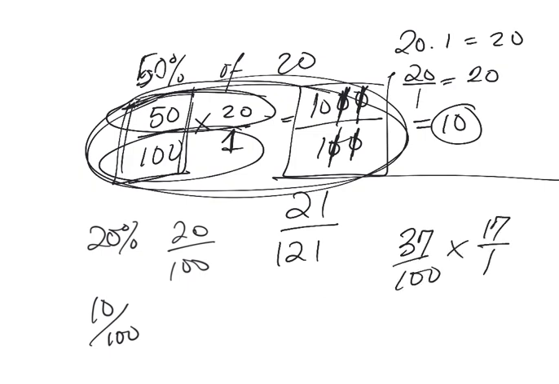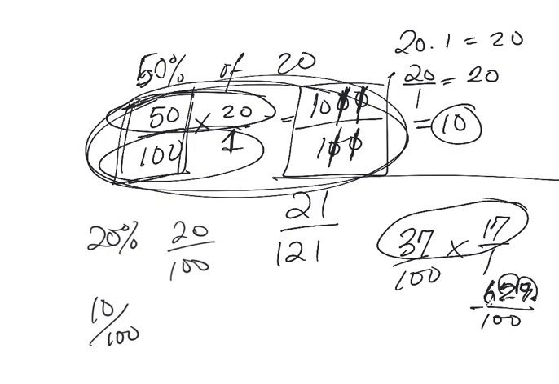Well, this is not going to work out nicely like the one we had above. We would multiply the 37 times 17, that's fine, and then we would just divide that by 100. Now, 37 times 17 is 629. We divide that by 100. In this case, you actually move the decimal place to the left 2 times, and the answer is 6.29.